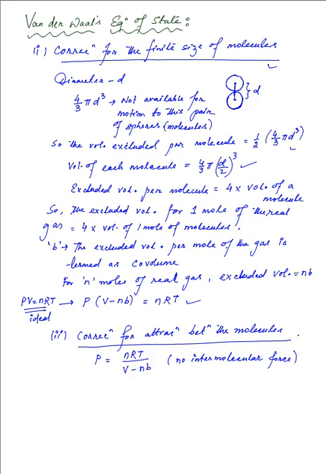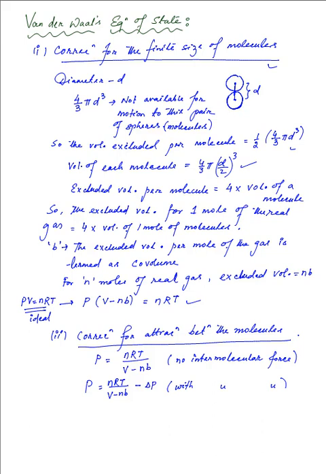Let's say there's a drop in pressure by del P. So with the intermolecular force, let's assume that the pressure is now equal to nRT over V minus nb, minus the factor del P, where del P is the reduction in the pressure due to intermolecular forces.